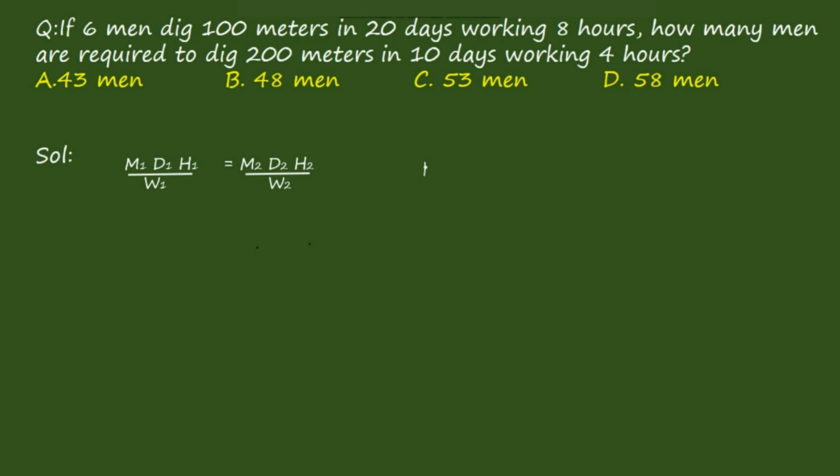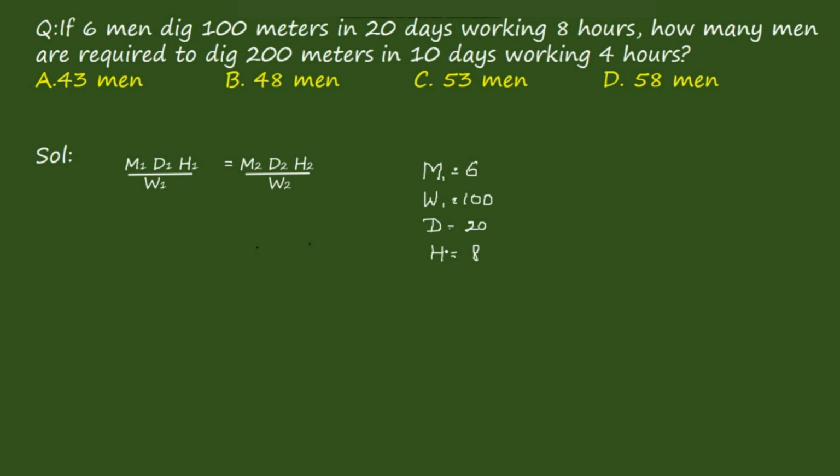It is given that M1 is equal to 6. Then W1 is equal to 100, the work. The number of days required is given as 20, and the number of hours is given as 8 hours.